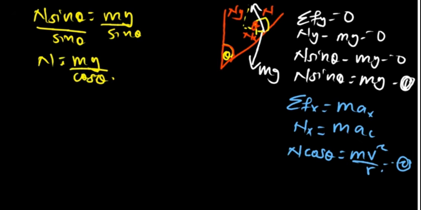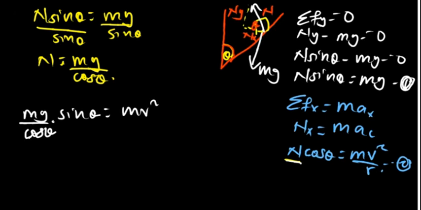Now in equation 2, we are going to replace where there is n with mg over cos theta. So I'm going to put mg over cos theta times sine theta is equal to mv squared over r.